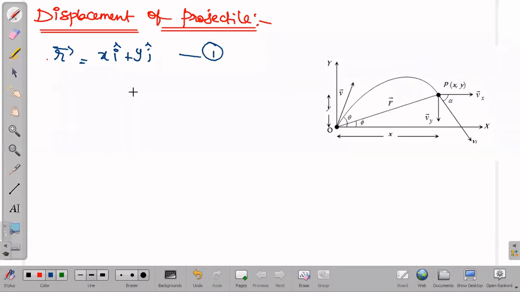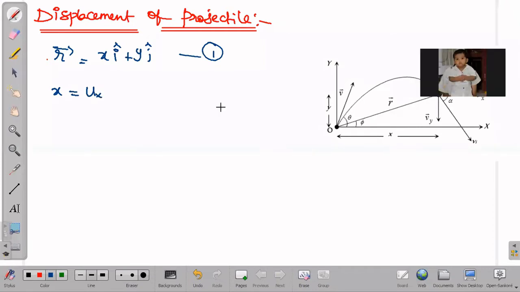Now I will take horizontal separately and vertical separately, like previously. Horizontal, as we know, is uniform motion. For uniform motion, the distance traveled is x equals velocity along x direction into t, so x is equal to vx into t.